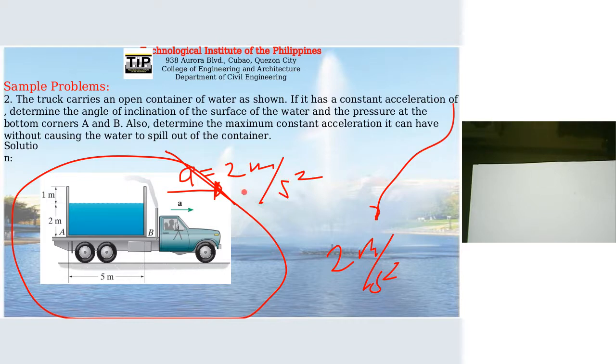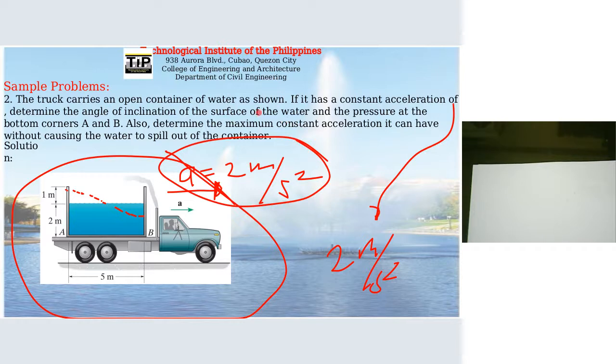So, because of this increase of velocity or speed, there will be a movement of water inside of the vessel. So, magagalaw si water sa loob ng container. Kaya hindi siya magstay in equilibrium because of this 2 meter per second squared na acceleration.